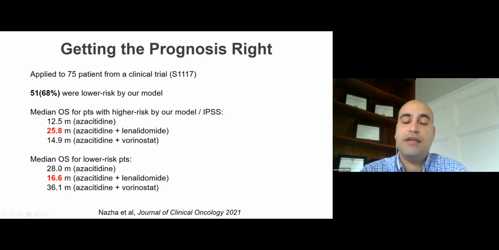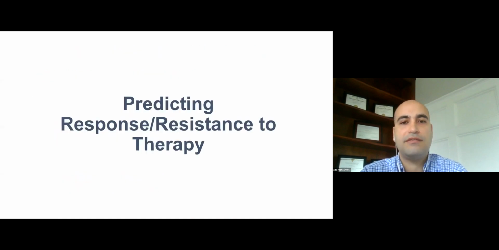Whereas for the median overall survival of lower risk patients per our model, not by the IPSS, the combination was actually harmful to those patients. So you wonder whether, if we had risk stratified those patients better on the trial, it would have been positive.